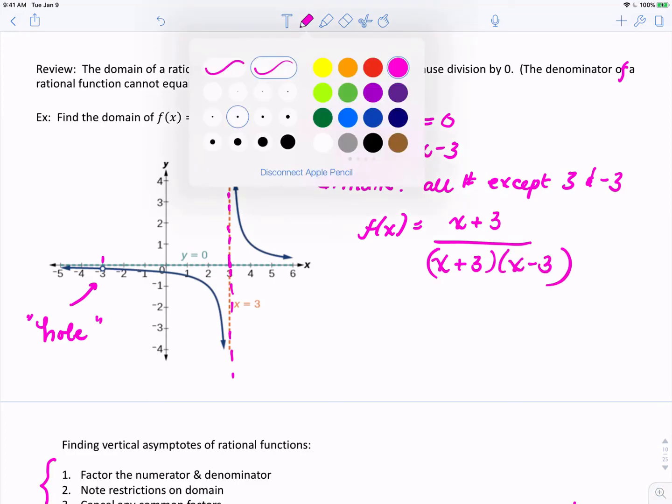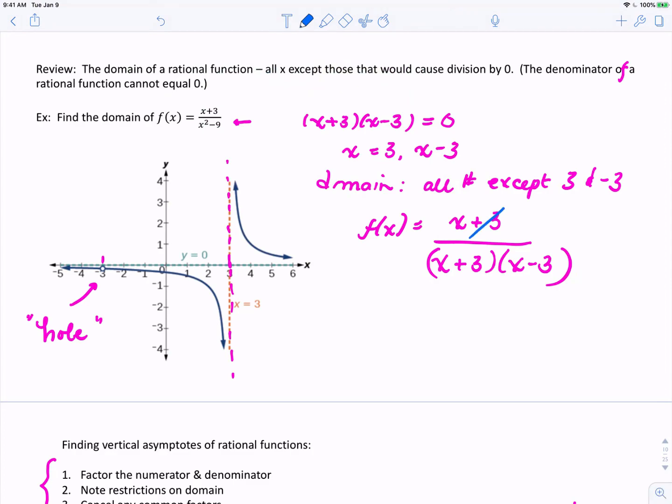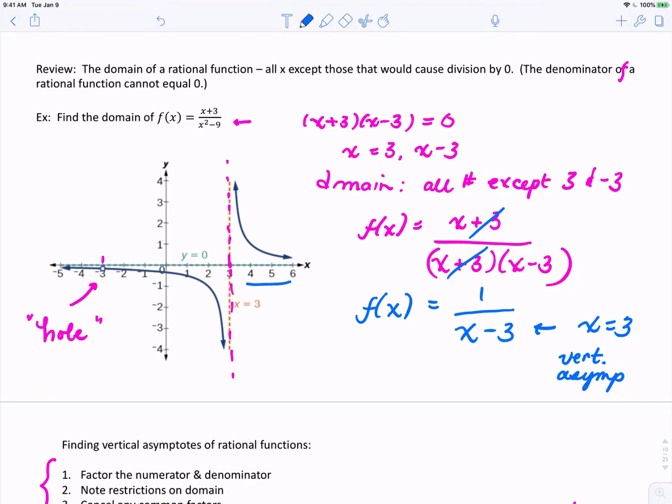So notice that we can cancel this common factor, and that would leave us with f of x is equal to 1 over x minus 3. And notice this is undefined when x is equal to 3. So x is equal to 3 is a vertical asymptote. And let's look at the graph, and we saw it right here. x equals 3 is a vertical asymptote.